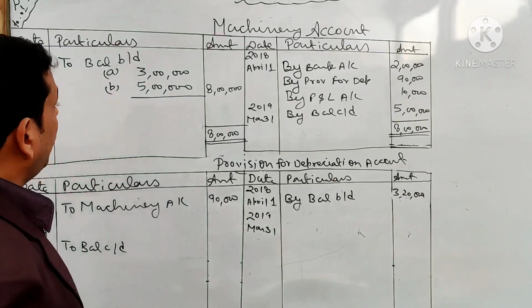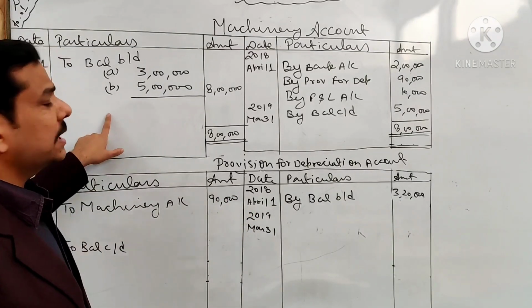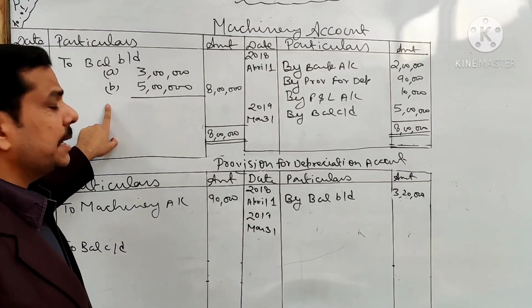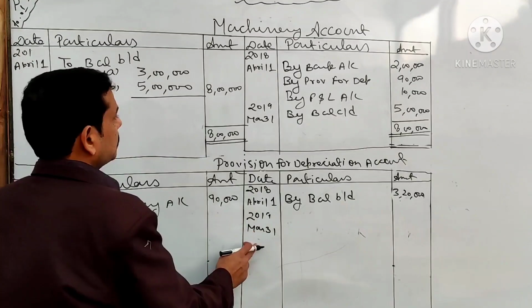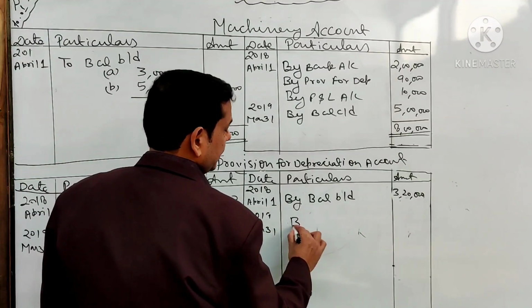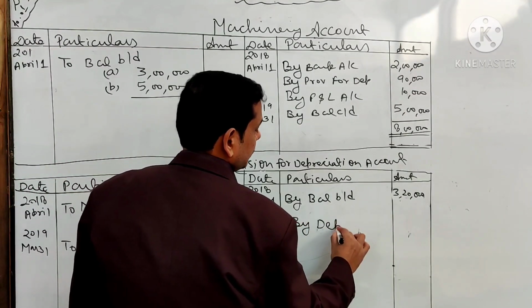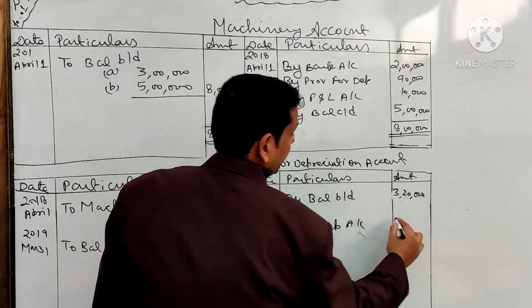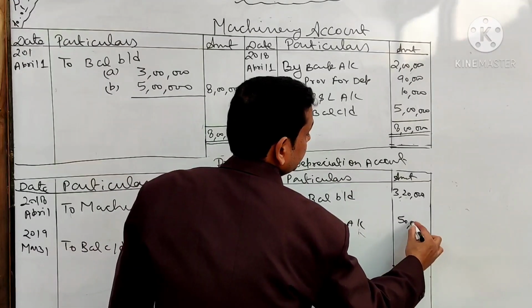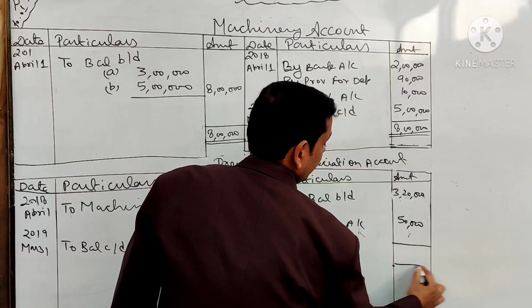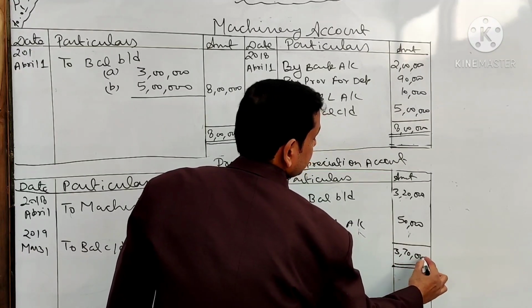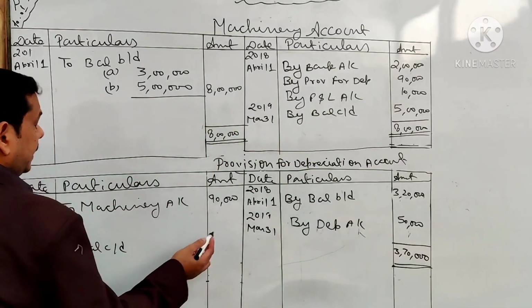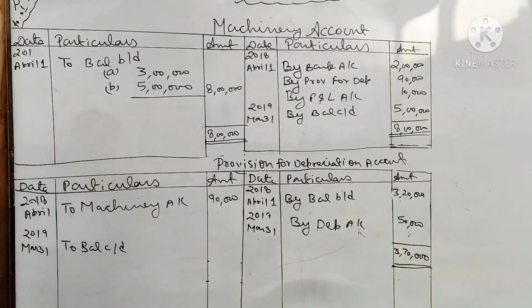Now we are left with the second machine and no other machine is purchased. On this machine depreciation is charged in the provision for depreciation account. So 2019 March 31st, by depreciation account, 10% of 5 lakh is 50,000. Make a total of it, that comes to 3,70,000. Now at year end we are going to balance.